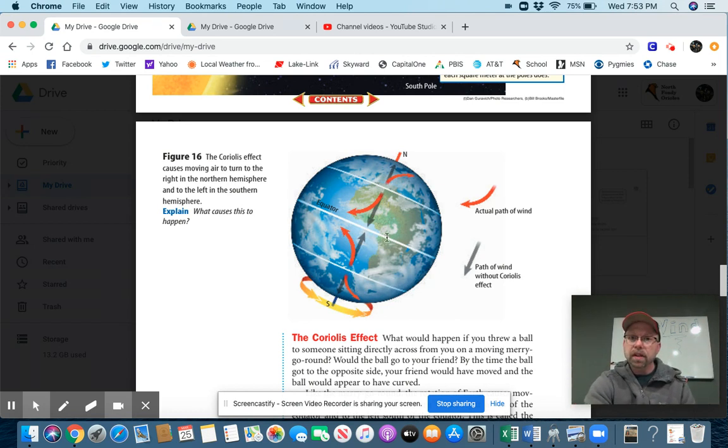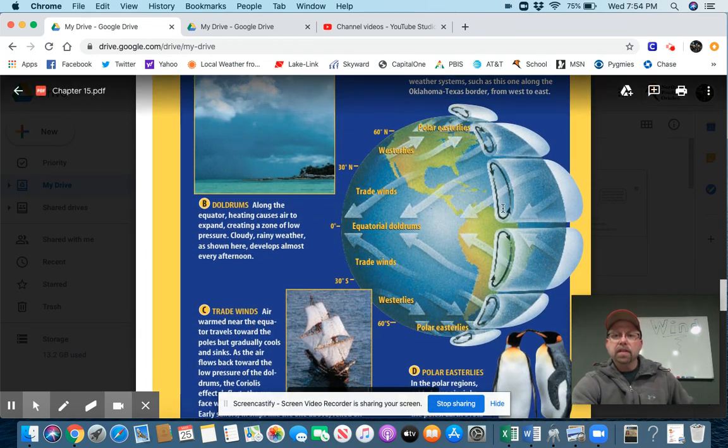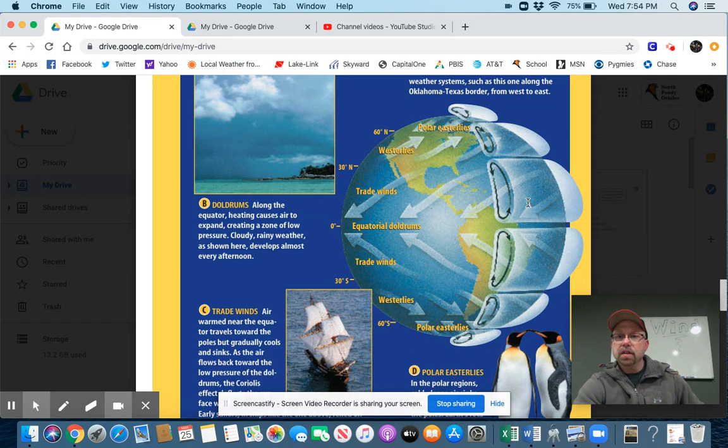And so what it appears to do is curve the air or curve the wind, which has created these patterns in wind at certain latitudes, depending upon how close to the equator you are, either to the left or to the right. And you can see it talks about it curving to the right in the northern hemisphere and left in the southern hemisphere. This has given us entire global wind patterns. And if we look at this picture, it explains a lot.